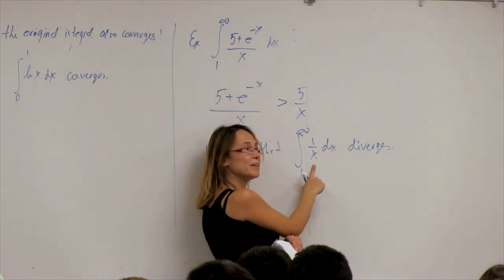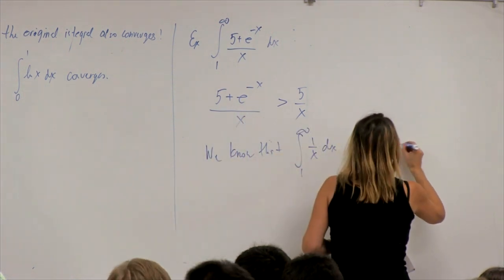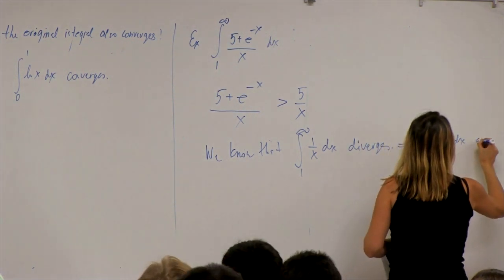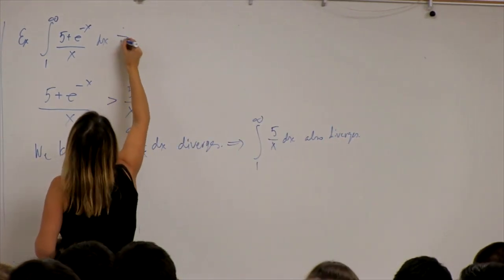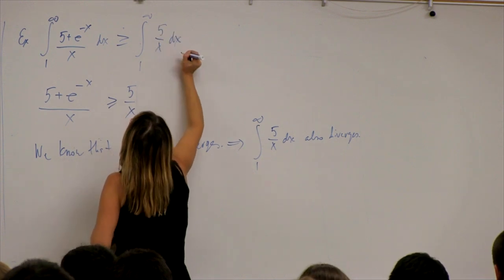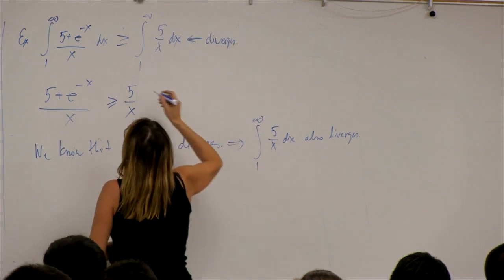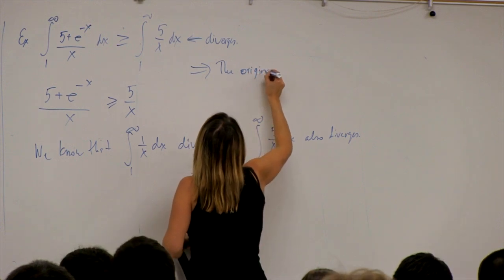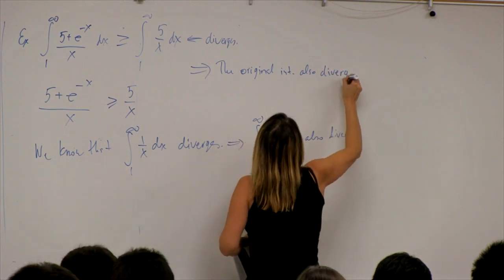This corresponds to the power p equals 1. We proved that this is a divergent integral. Therefore, the integral 5 over x dx also diverges. And this one is even bigger, right? So we can say that this is bigger than 5 over x dx. So this guy diverges. So we can conclude that the original integral also diverges.